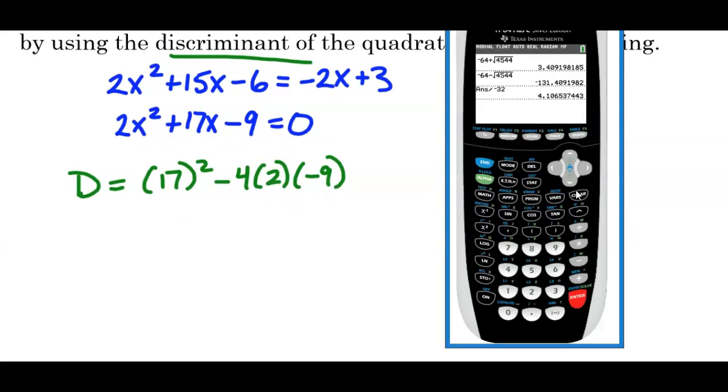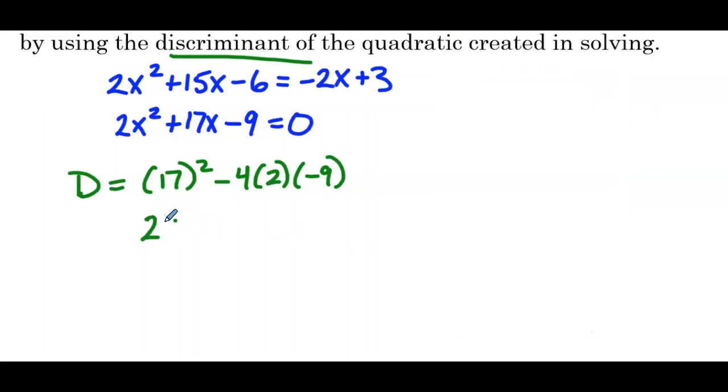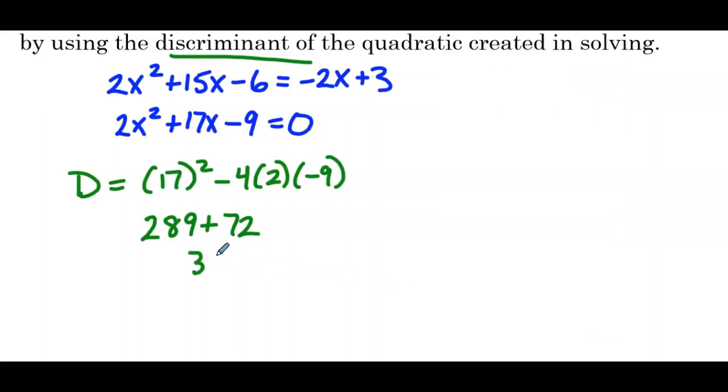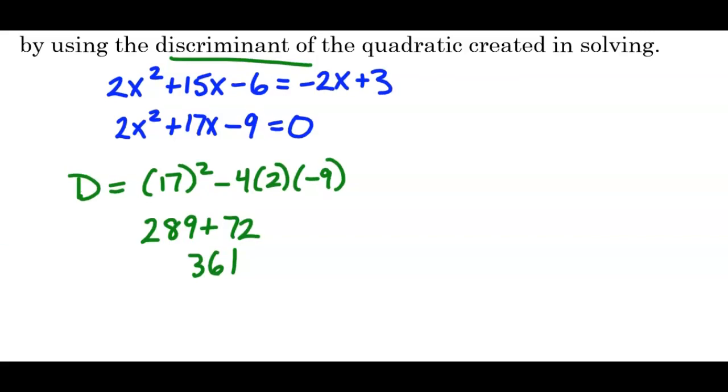So let's see, let's use the calculator here. 17 squared, 289. So we have 289, and then plus 4 times 2 is 8, times 9 is 72. So we can go back to the calculator here. 289 plus 72, that's 361.